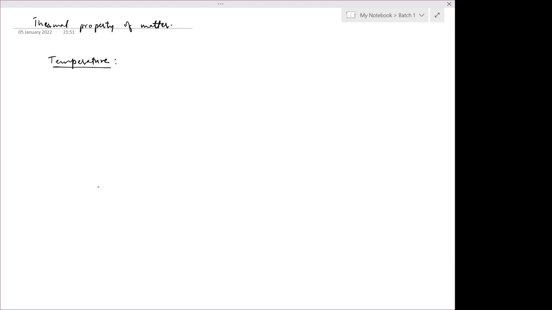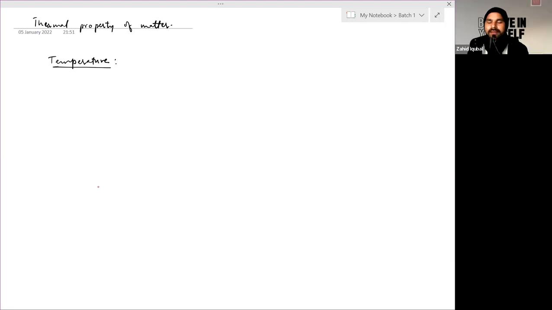Okay, close enough. Suppose this is any object. If you touch this particular object in summer, you will feel nothing. But if you touch this particular object in winter, you will feel some cold. So you'll say we measure any object related to the body temperature of ourselves, how much it is colder or how much it is hot related to our body temperature.